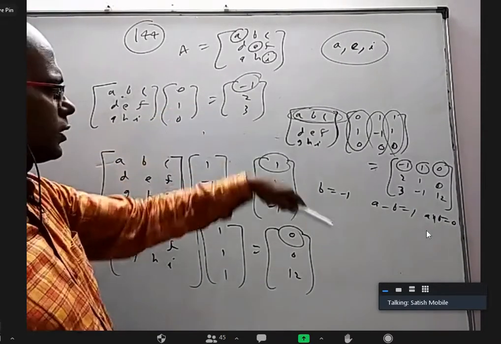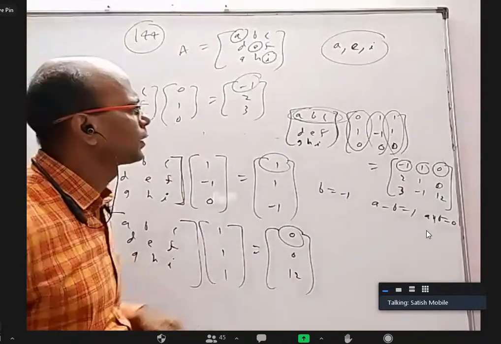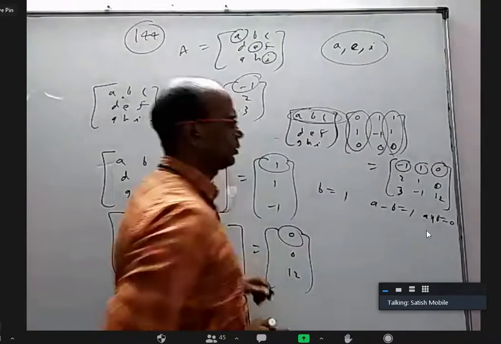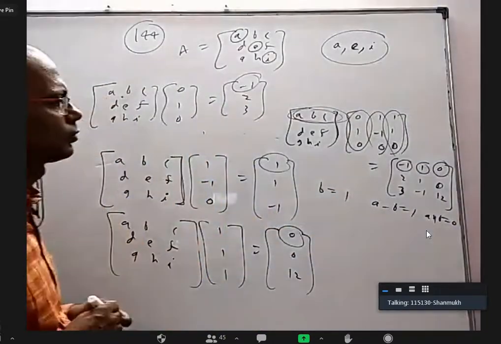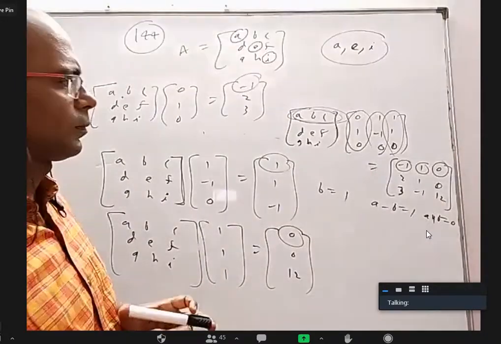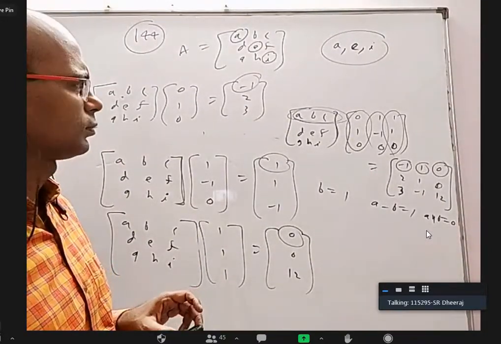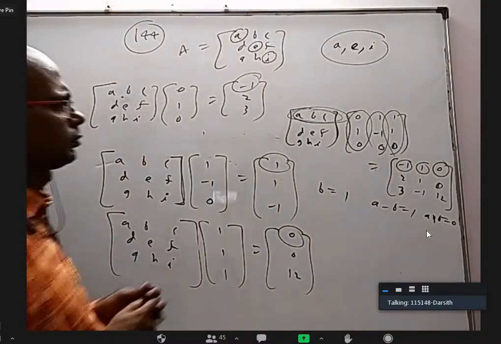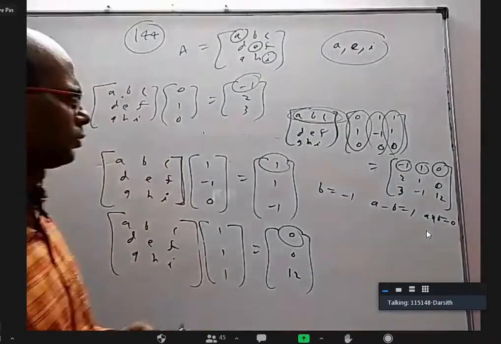Minus 1, 2, 3 correct. 1, 1, minus 1 is correct. 0, 0, 12 correct. Here B is 1? Sir, B should be minus 1, no, sir?